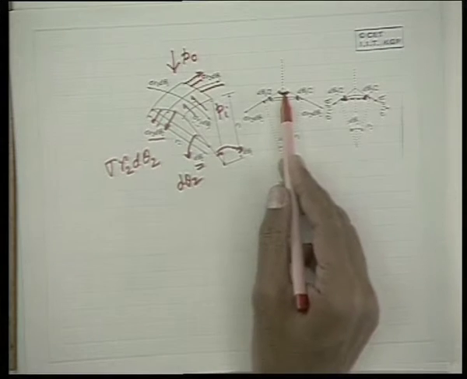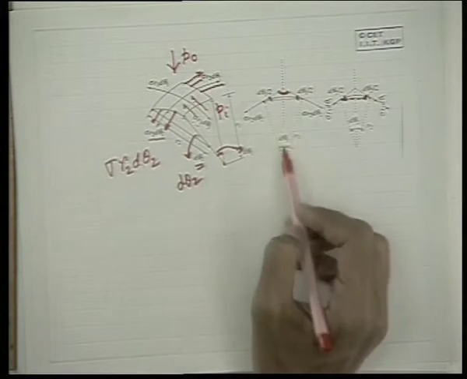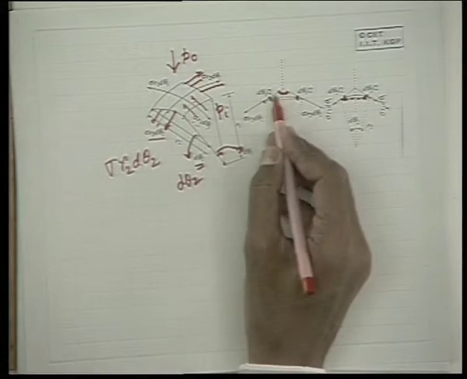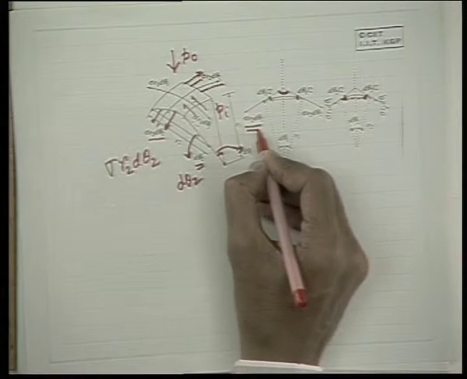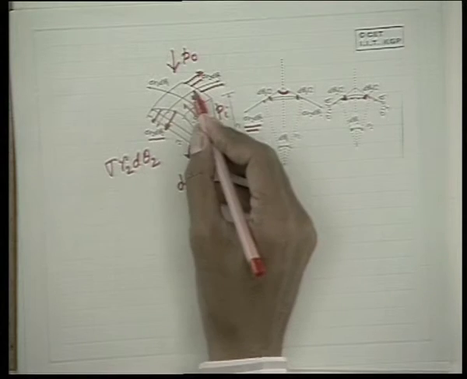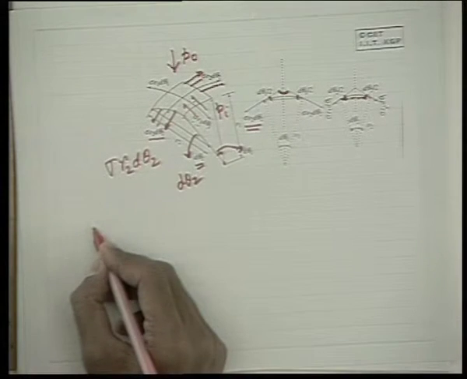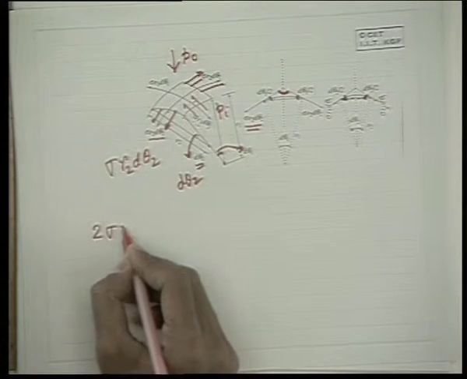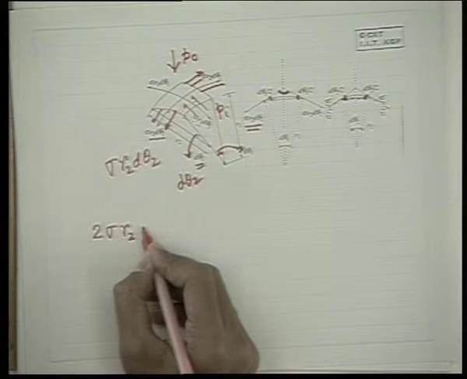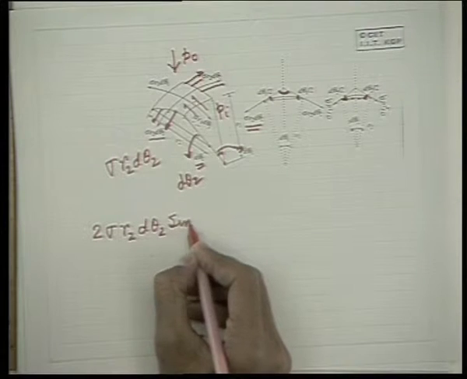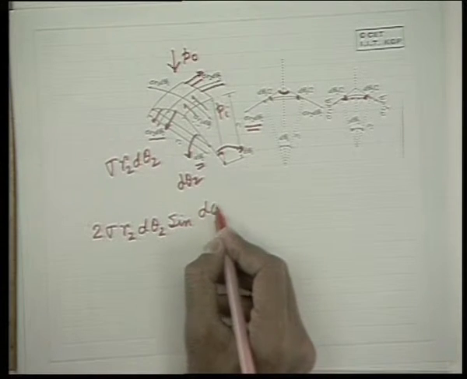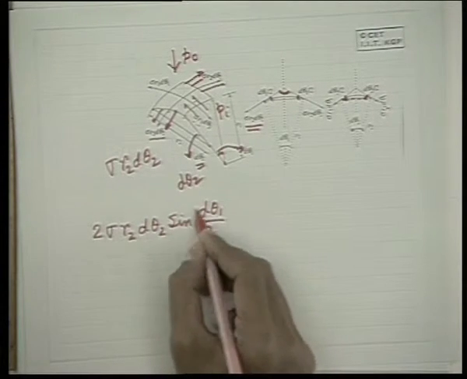Now if we make a force balance in the vertical direction, we get the surface tension forces acting: sigma R2 d theta 2 on both sides, so 2 sigma R2 d theta 2 into sine d theta 1 by 2.